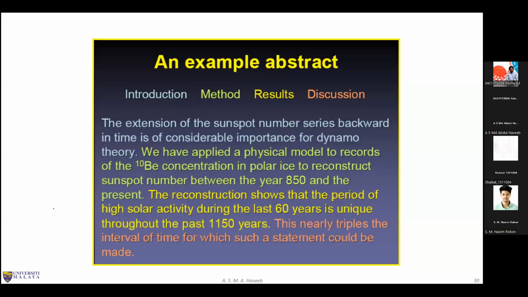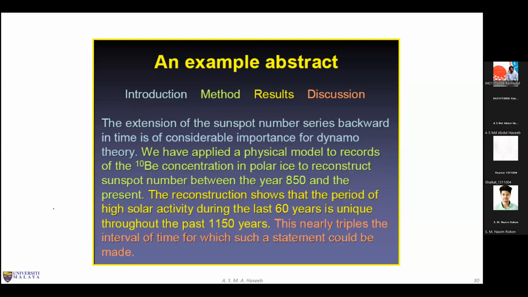This is one abstract. I'm not sure if I will spend some time reading this. But please read this yourself. And each color represents one section.